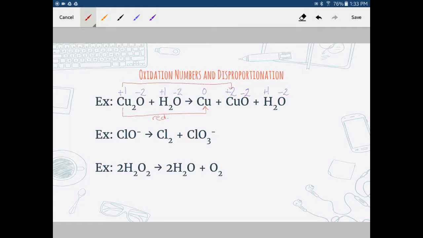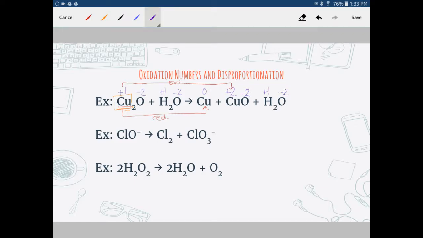More negative, reduced. And in my top arrow, I see that it became more positive. More positive means it's losing electrons or is being oxidized. So when I see one entity, such as my copper here, both reduced and oxidized in the same reaction, this is called a disproportionation reaction.